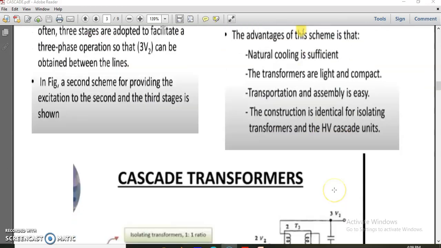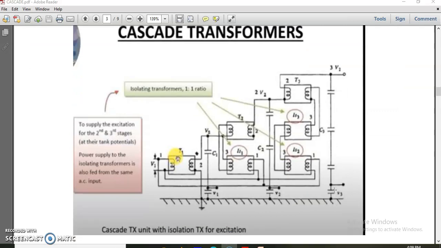construction is identical for isolating transformers also. This is another transformer, just for explanation, no need for exam purposes, but it is similar, and here we have cascade transformers. Here we have isolating transformers for excitation, IS1, IS2 and IS3.